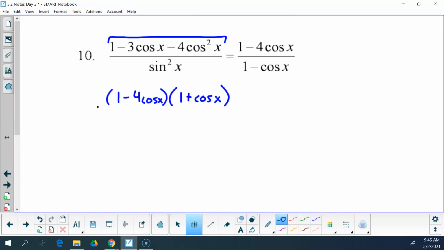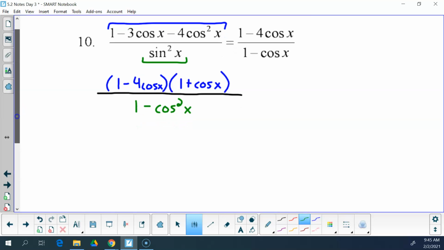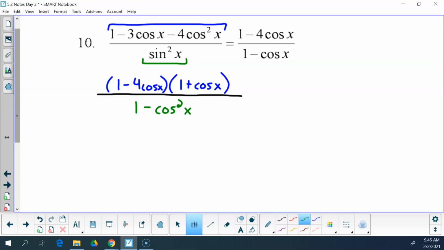Some people did that first step, other people did them both at the same time. I would take this and make it be 1 minus cosine squared. Then I would take 1 minus cosine squared.